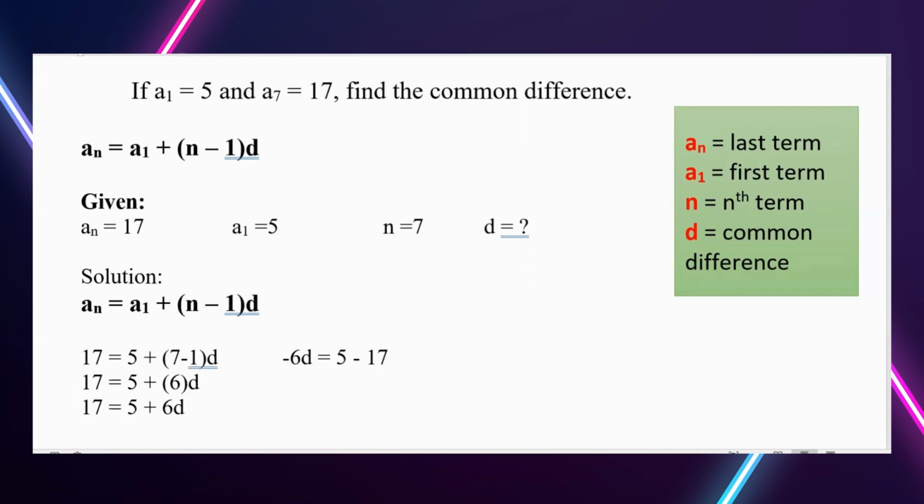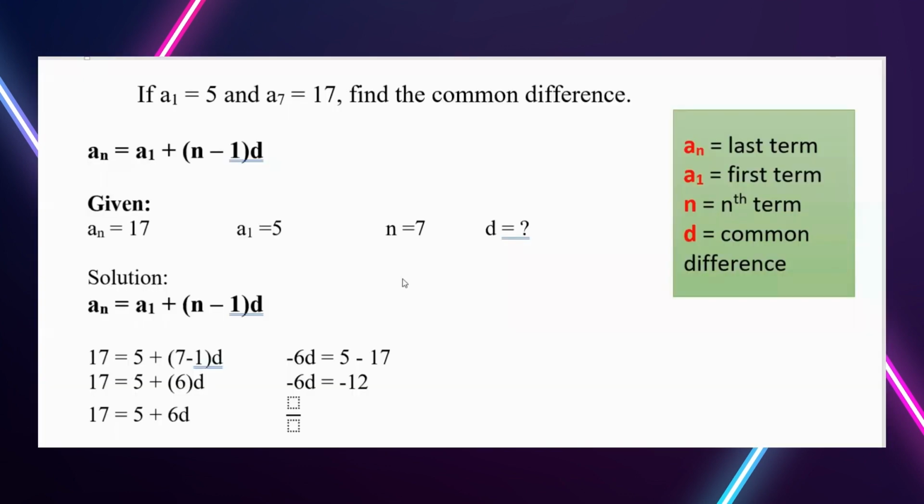Next, let us simplify the given. Negative 6d is equal to 5 minus 17, which is negative 12. To remove the numerical coefficient of the variable d on the left side of the equation, we have to divide both sides by negative 6. So negative 6d divided by negative 6 is equal to negative 12 divided by negative 6.